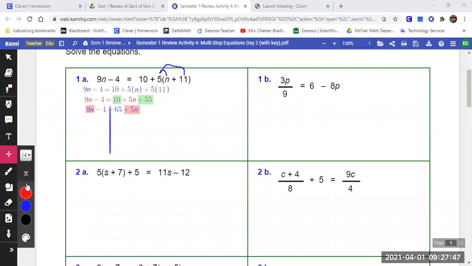All right. So I'm going to subtract that 5n from both sides. When I subtract a 5n, it's from the 9n because those were the like things.